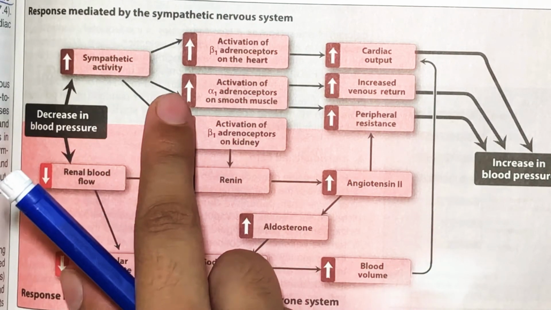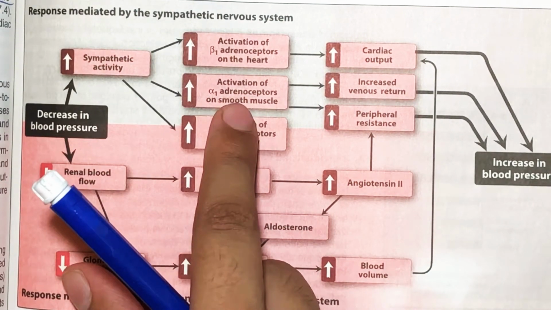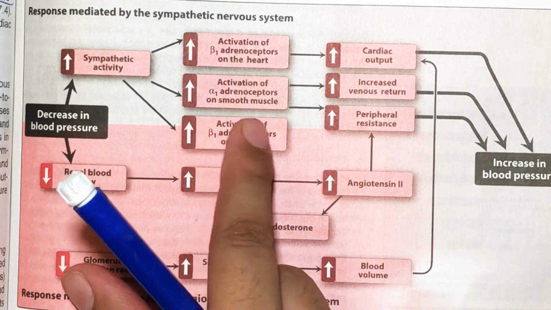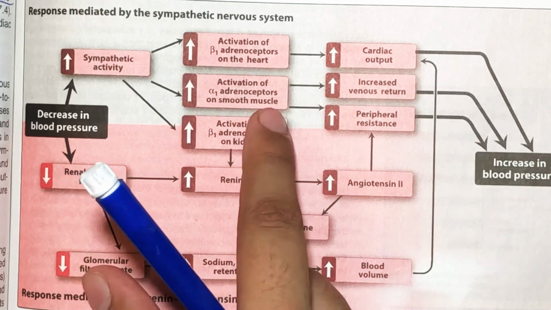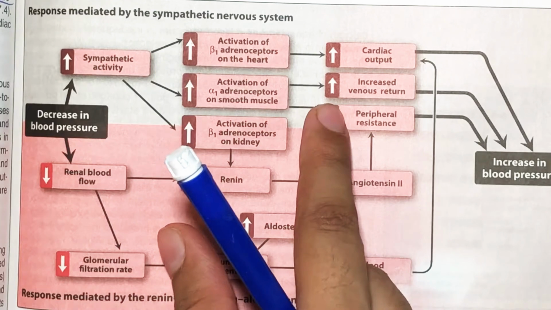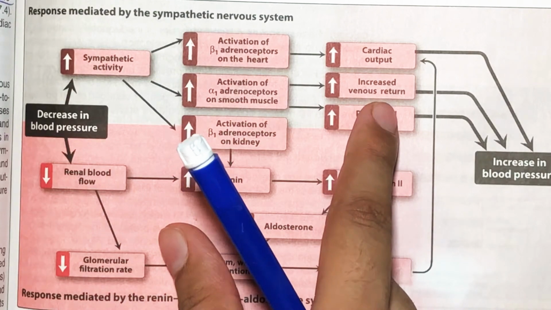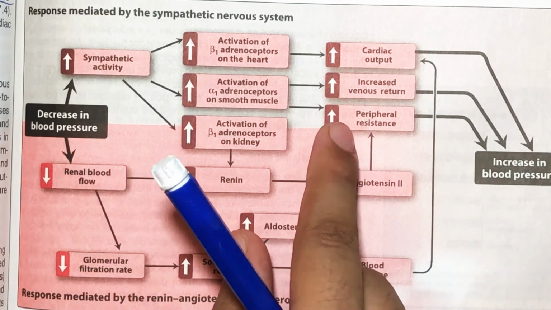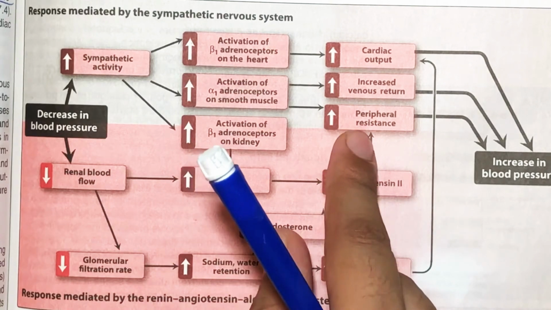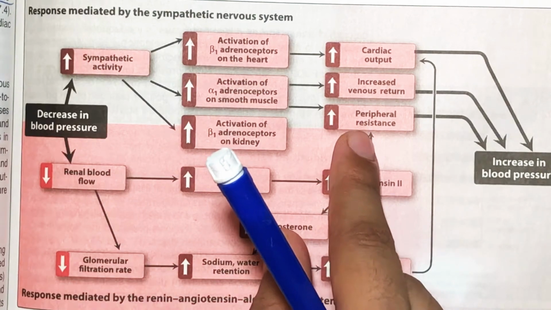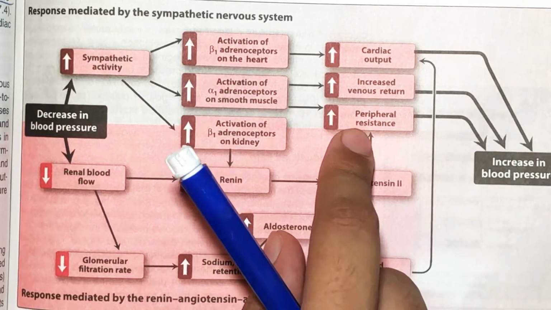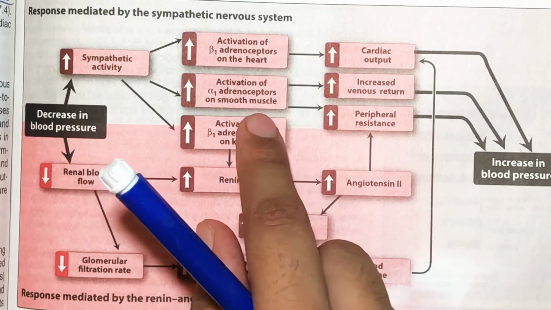And when there is activation of alpha 1 adrenoceptor on smooth muscle, it causes increase in venous return. It also causes increase in peripheral resistance, that is vasoconstriction.